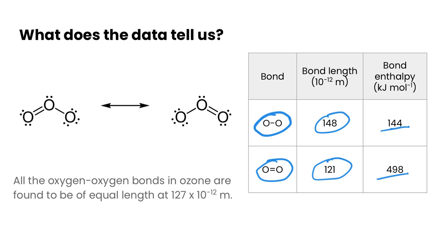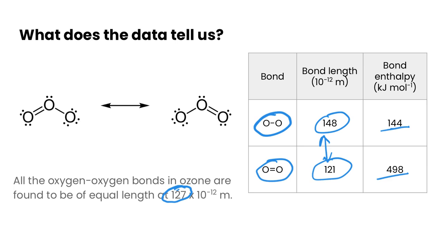For the single bond, quite low, and for the double bond, it's quite a bit higher. And so if we look at the data for the oxygen bonds in ozone, they're actually found to have a length of 127, which is between the 2 here, and both bonds are found to be equal in length. So the data shows that the 2 bonds in ozone are identical to each other, and we would say they are intermediate between a single and a double bond in terms of strength and length.